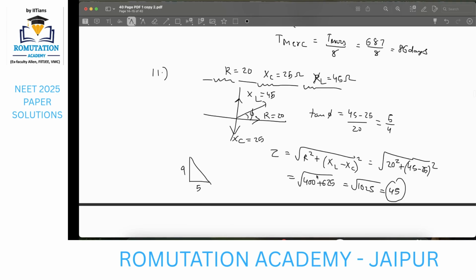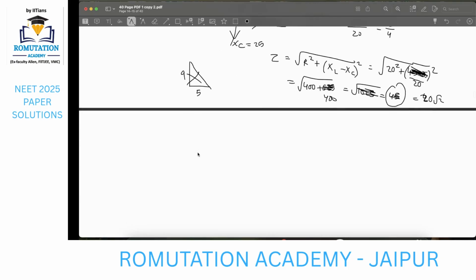No. I think I should check the calculation again. 25, that will be 20. Okay, right. That's why I was thinking how can it end up giving 45. So that was 20, so 20 whole square will again give me this, so that should give me 20 root 2 as the answer, right?